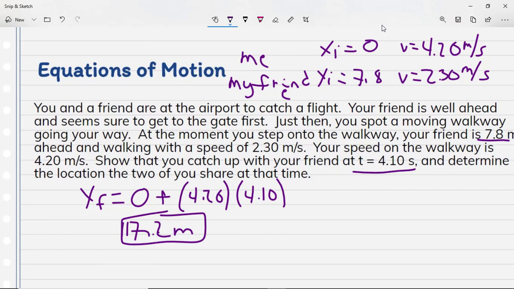So let's check my friend's information as well, because he should be able to be at the same position in 4.10 seconds. So my friend, x of f, his final position, remember his initial is 7.8 meters ahead, plus his velocity, which is 2.30, times time, 4.10.